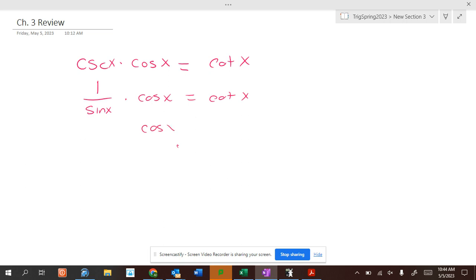So cosine of x over sine of x equals cotangent of x. And what's cosine over sine? Cotangent. Ta-da. Okay. So something like that should be easy peasy lemon squeezy.